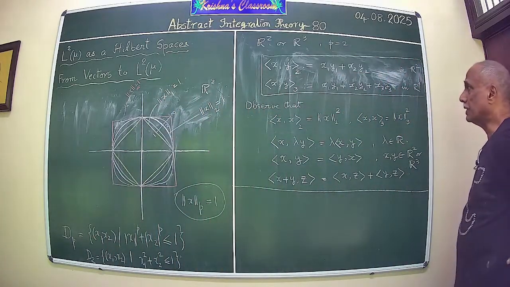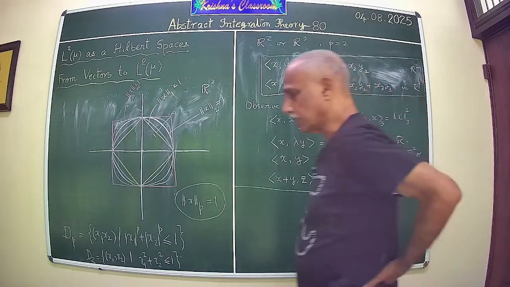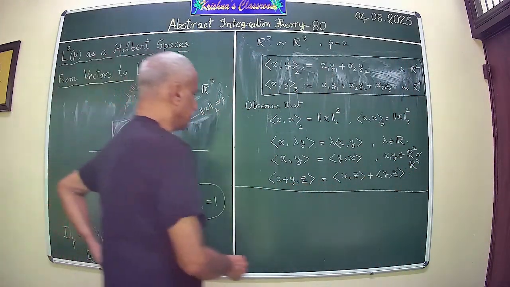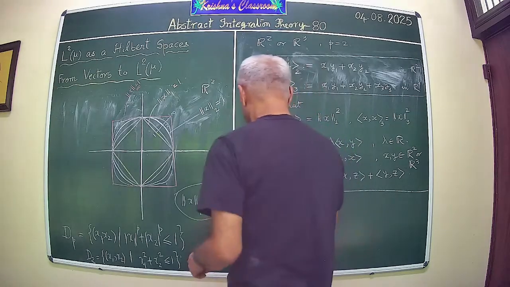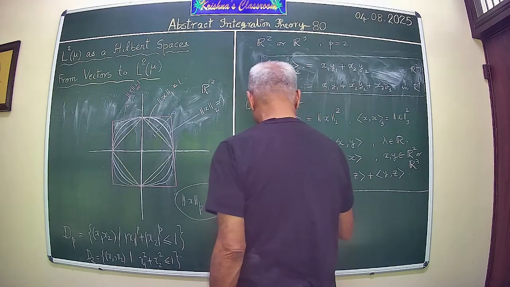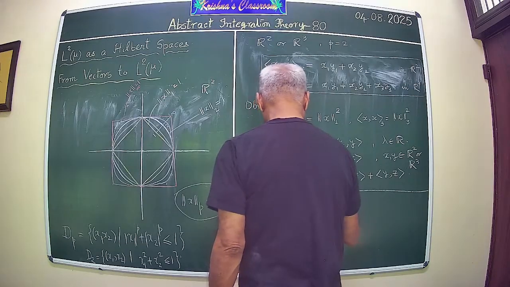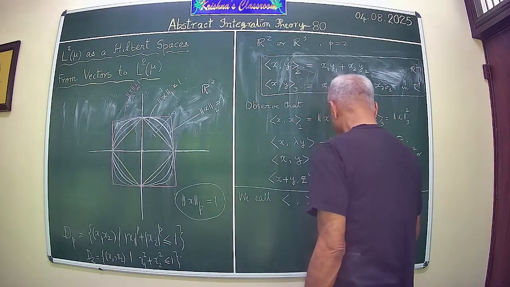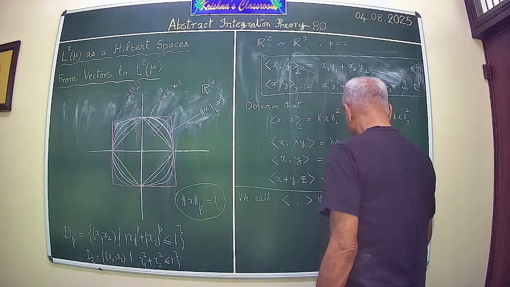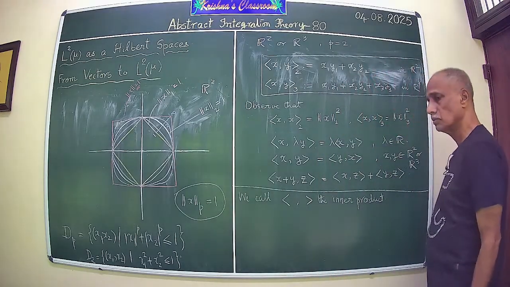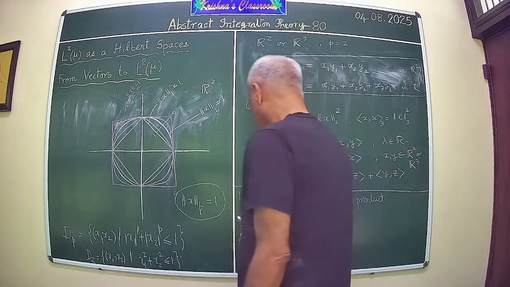So you know that for a given pair of vectors x and y, this we call the inner product. What is the geometric meaning?